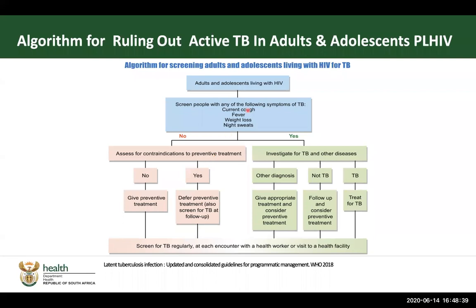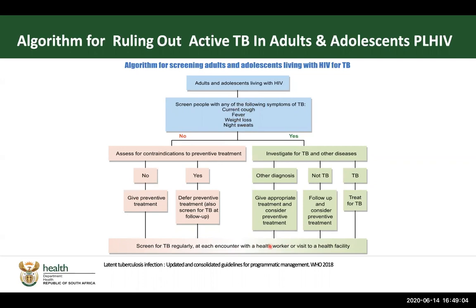If someone has no TB symptoms and they do not have any contraindications, they are therefore eligible for TB preventative therapy. They would be initiated and then be seen regularly for support, follow-up, and also to ensure that they do not run out of medicines.